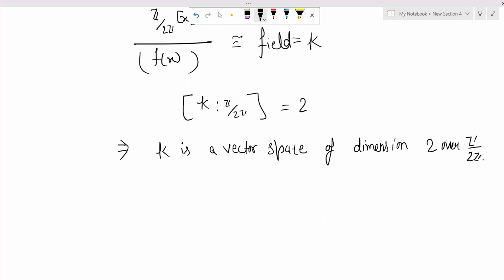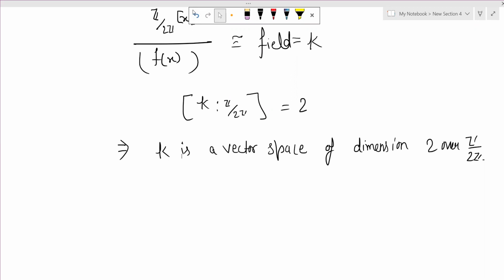Suppose V is a vector space of finite dimension over a field of finite cardinality. How many elements are in the vector space, Muthukumar? 2 power n. Yeah, 2 power n.